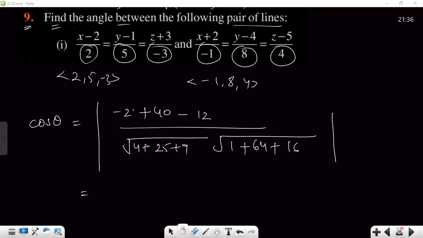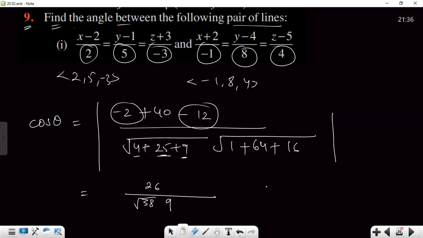So that becomes 40 minus 14, that becomes 26. And 4 plus 25 plus 9 is 38. And 1 plus 64 plus 16 becomes 81. The square root of 81 is 9.